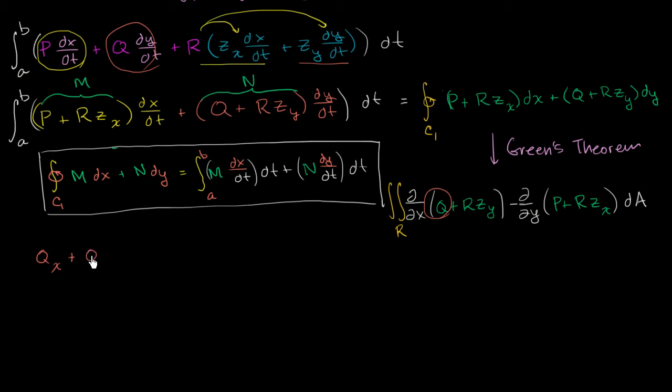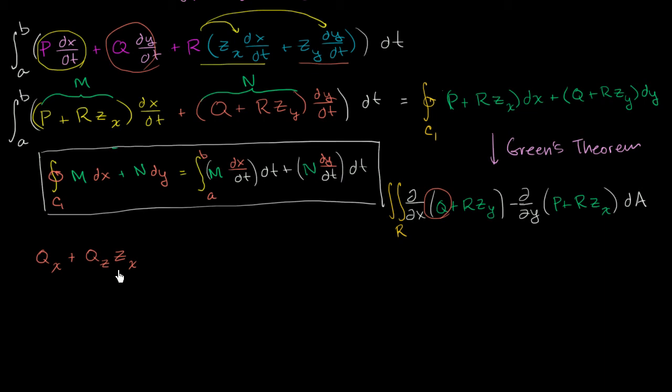So Q could also change because z has changed due to x. So operated here is the partial with respect to x, plus the partial of Q with respect to z times the partial of z with respect to x. If we rewrote Q so that z was substituted with x's and y's, because z is a function of x and y, then we would just have to write this first term right over here. But we're assuming this is expressed as a function of x, y, and z, where z itself is a function of x.